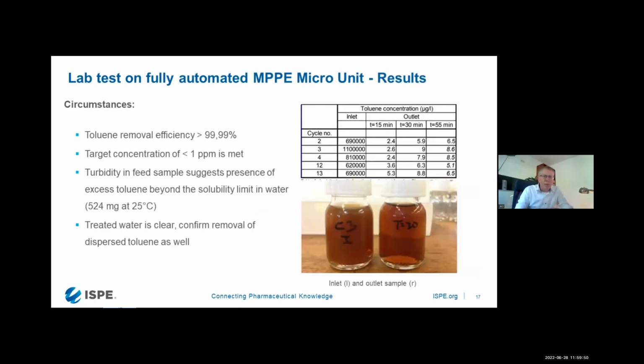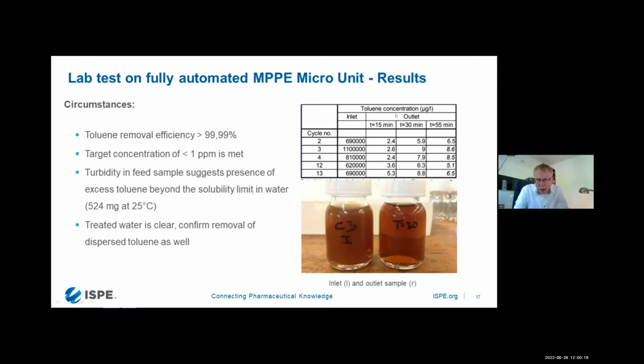Well, here are some results, and basically you can see that removal is quite efficient. Within a certain run, we execute 13 cycles, as I explained, and we are taking samples every now and then, in this case after cycles 2, 3, 4, 12, and 13. Obviously, we did more experiments, but these are the results I wanted to share.